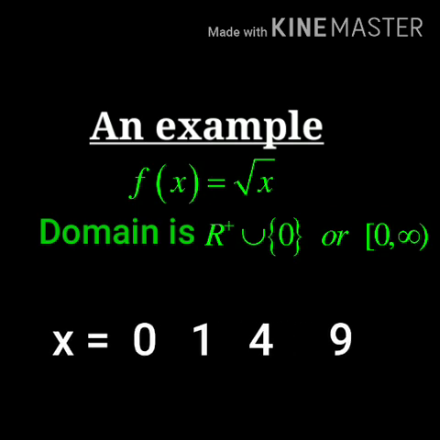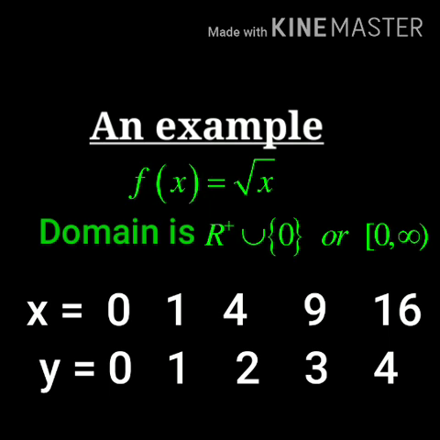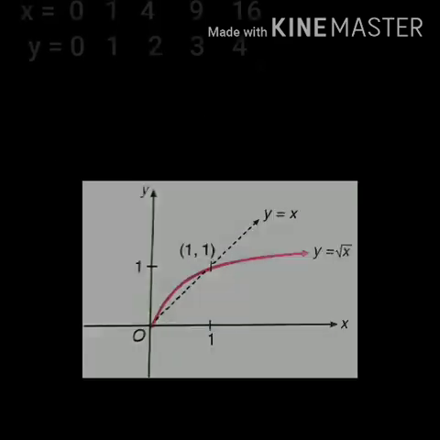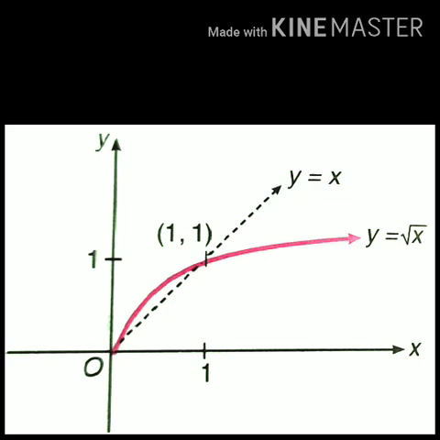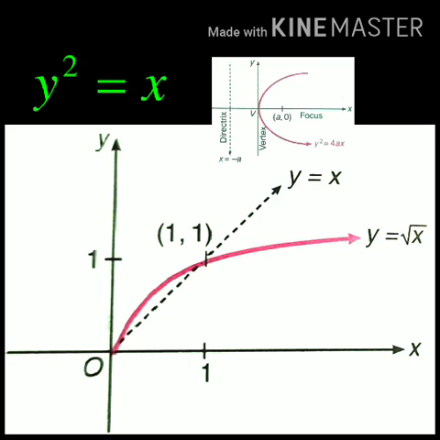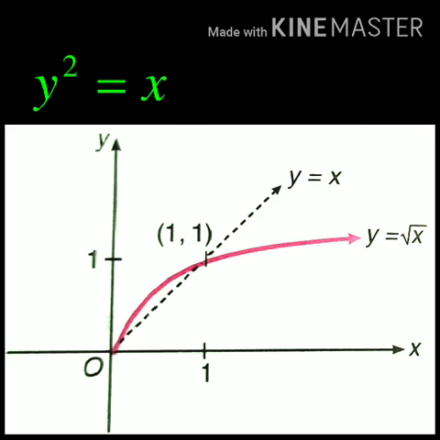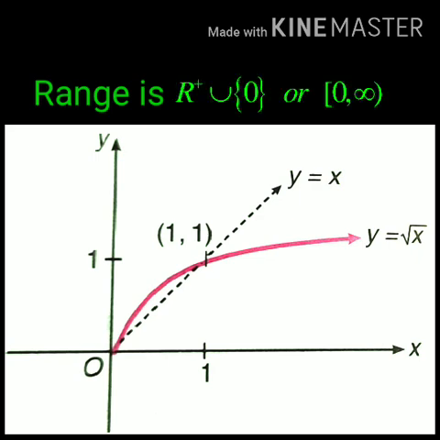Taking x equal to 0, 1, 4, 9, 16, we get y equal to 0, 1, 2, 3, 4. Now plotting these xy points in our coordinate system, we get a curve as shown in this diagram. This curve is a portion of the parabola y square equal to x, which lies above the x-axis. Clearly, the range of this function is positive real numbers including 0, or 0 to infinity.